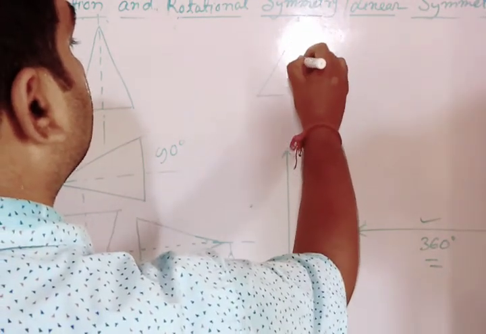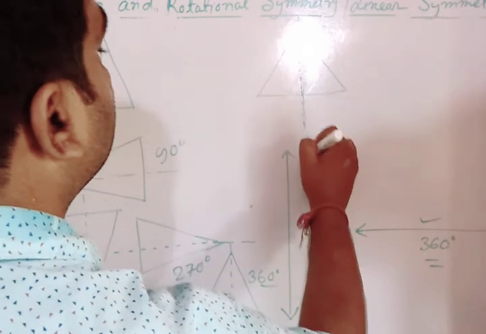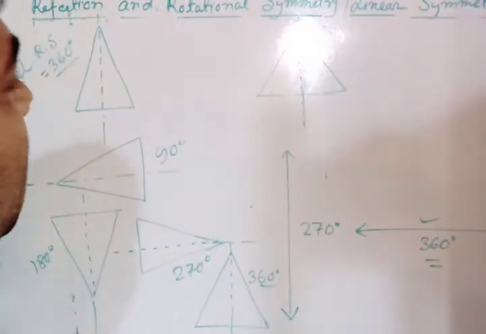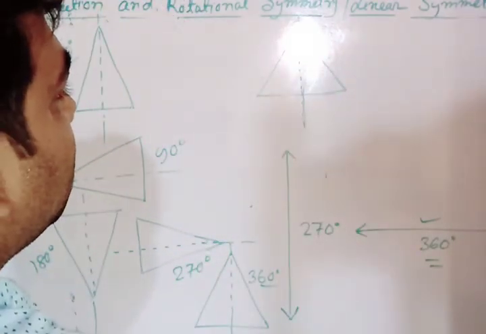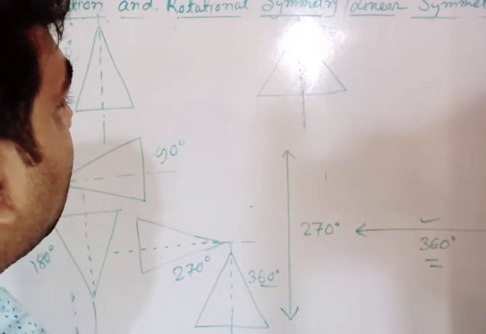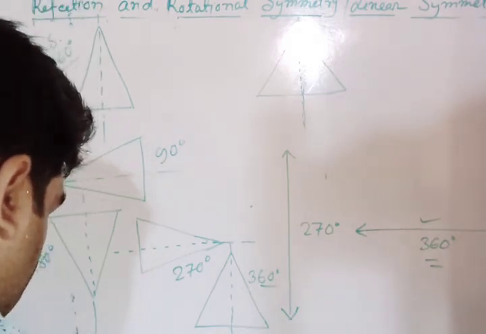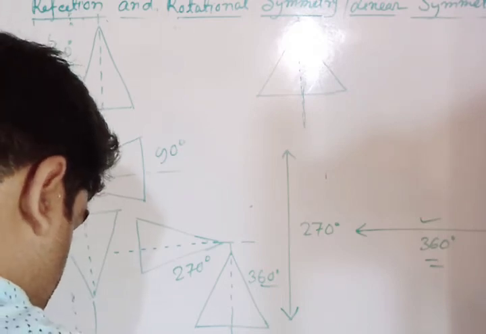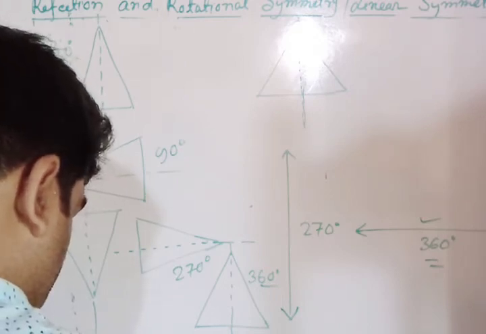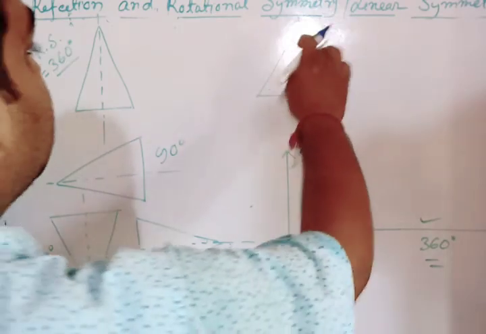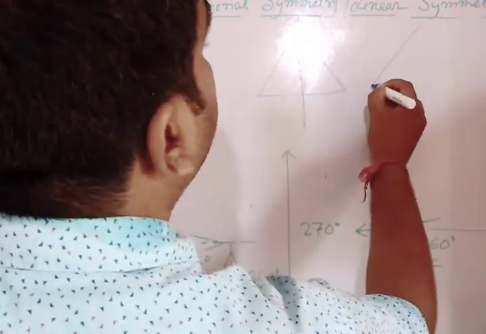This is the figure. Now first we are moving it along 90 degree. This axis would be 90 degree, so we are getting this type of figure.